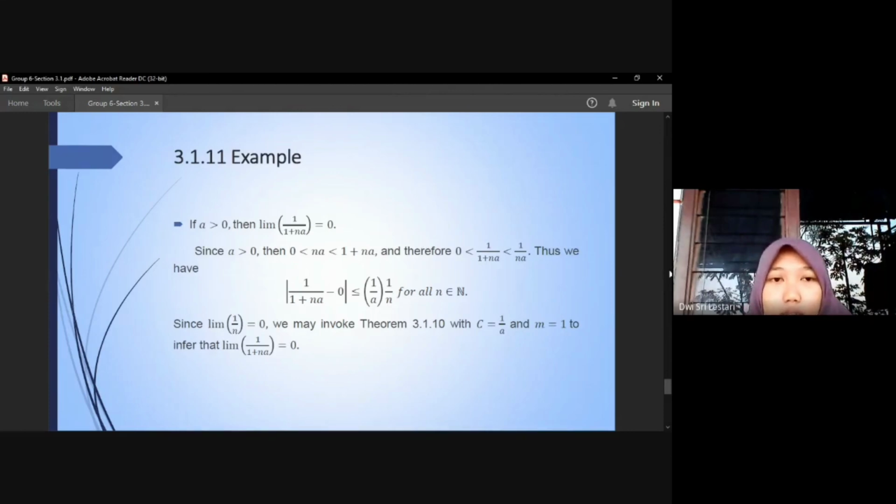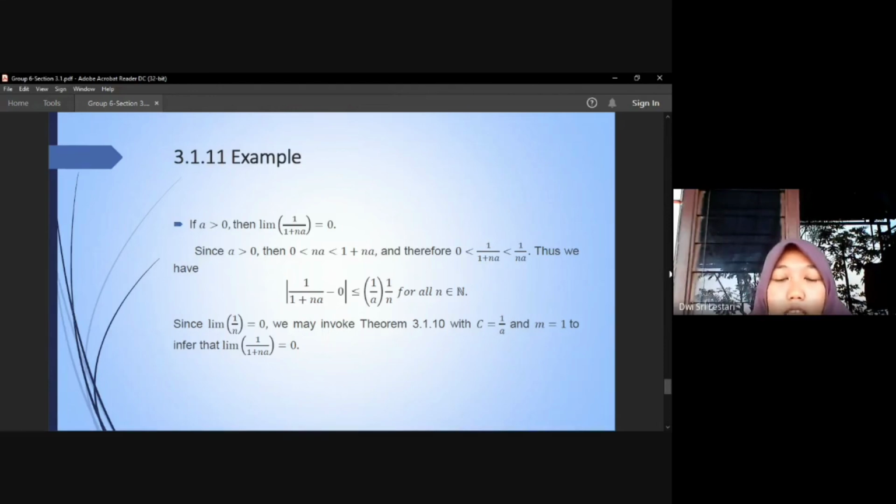Then for Example 3.1.11, if a greater than 0, then limit of 1 over (1 plus na) equals 0. Since a greater than 0, then 0 is less than na, which is less than 1 plus na, and therefore 1 over (1 plus na) is greater than 0 and less than 1 over na.